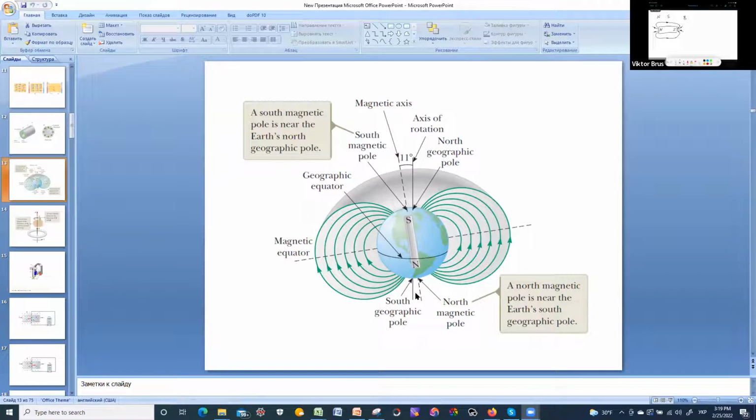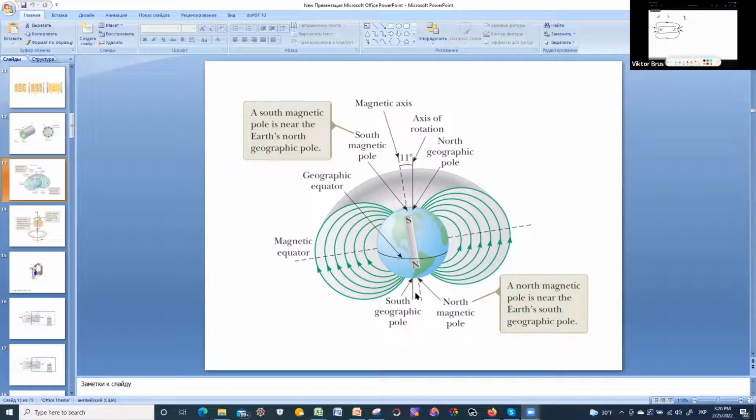This motion is quite slow, however, we have huge masses of magma moving continuously inside the planet, and this motion works as a current generator inside the planet, and this current associated with the convection of hot plasma between the central and external parts of the planet creates this magnetic field.